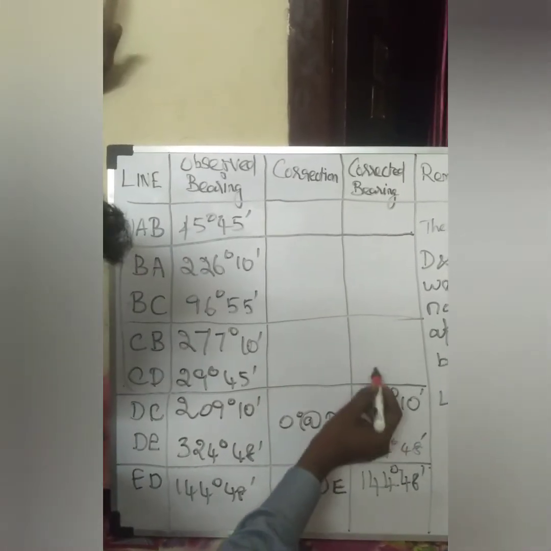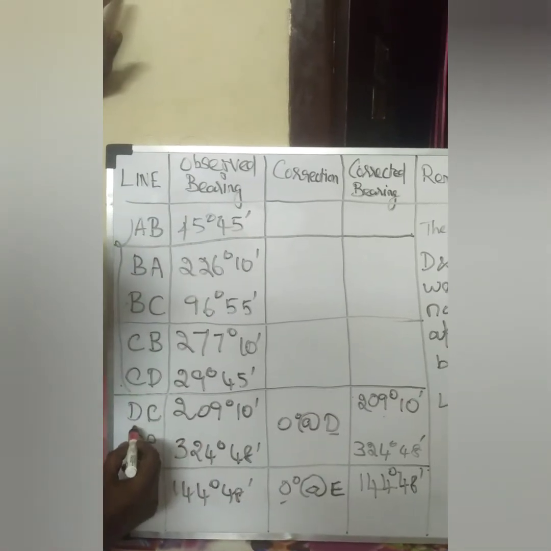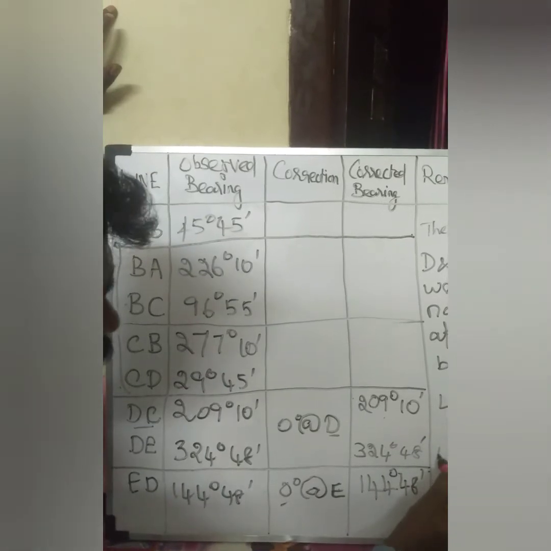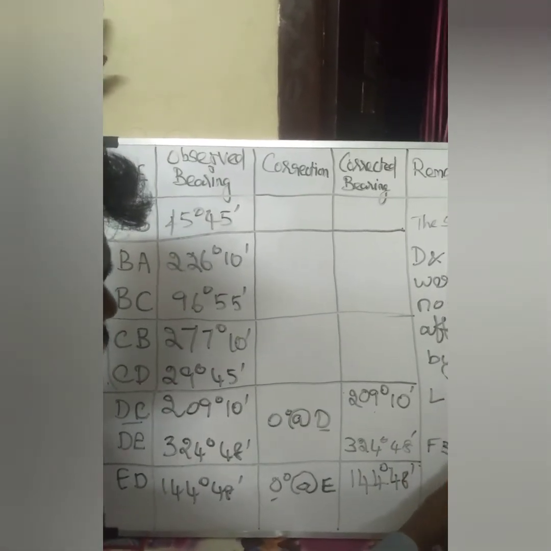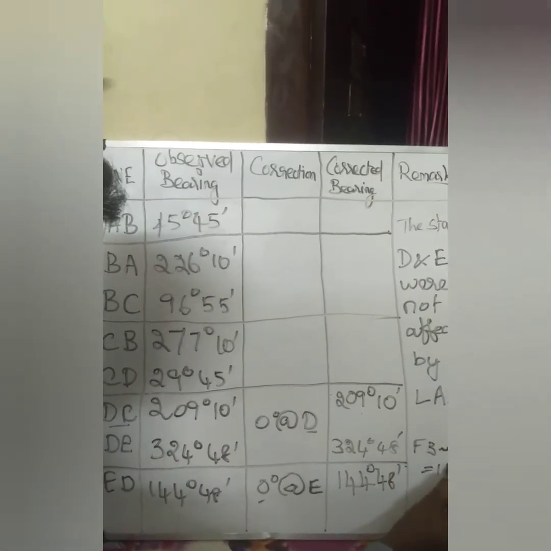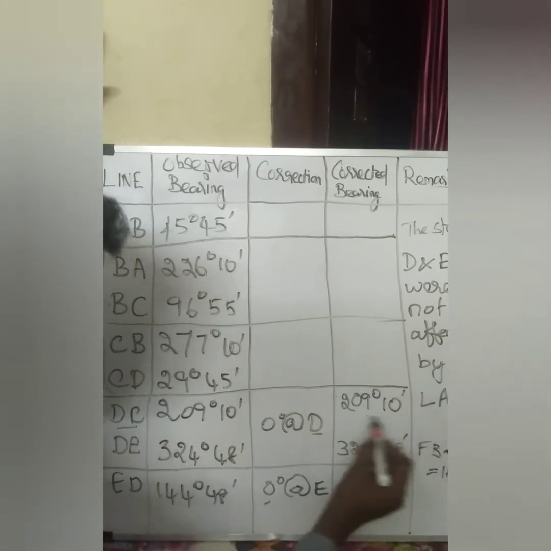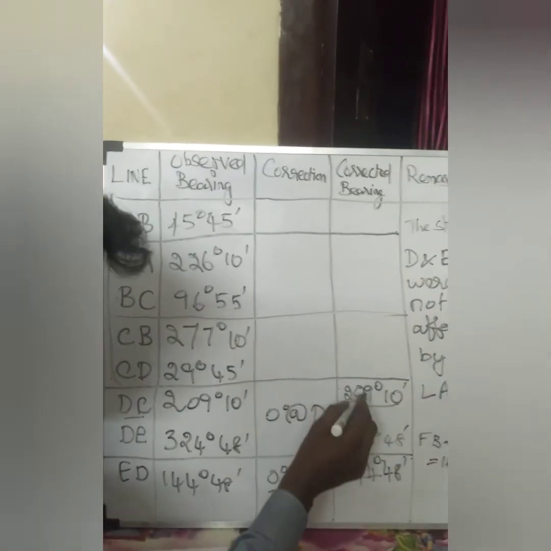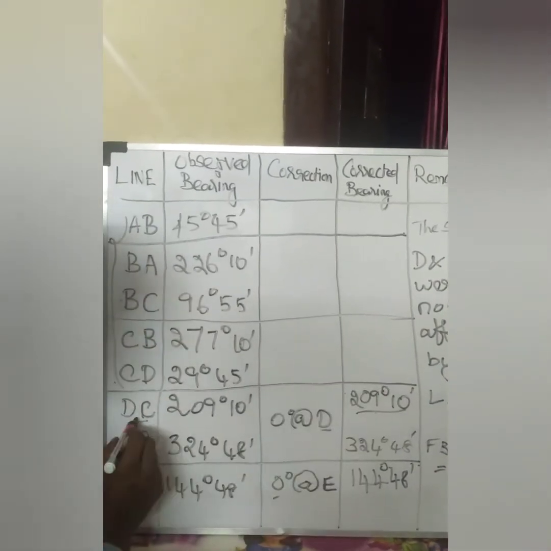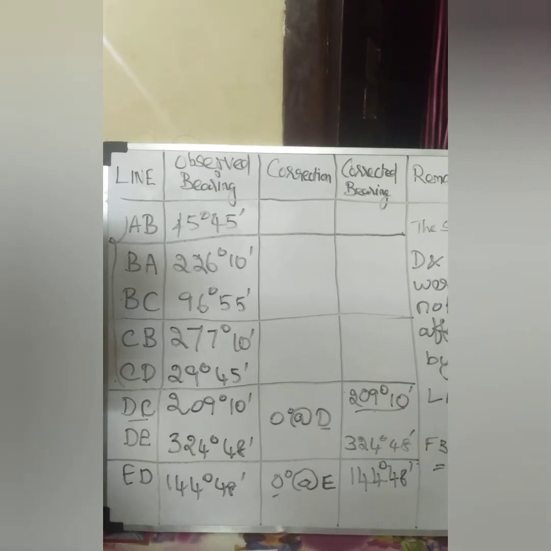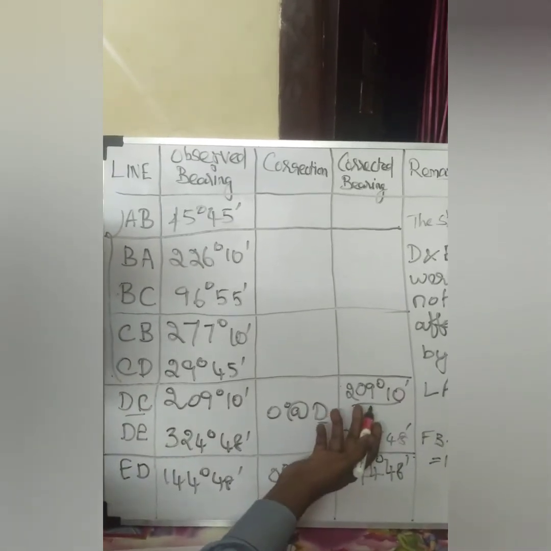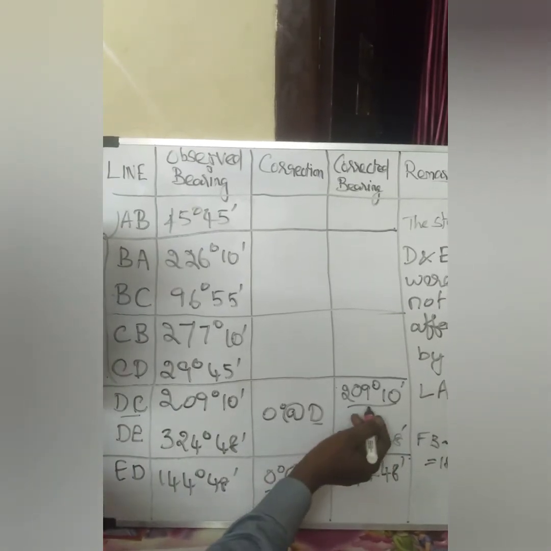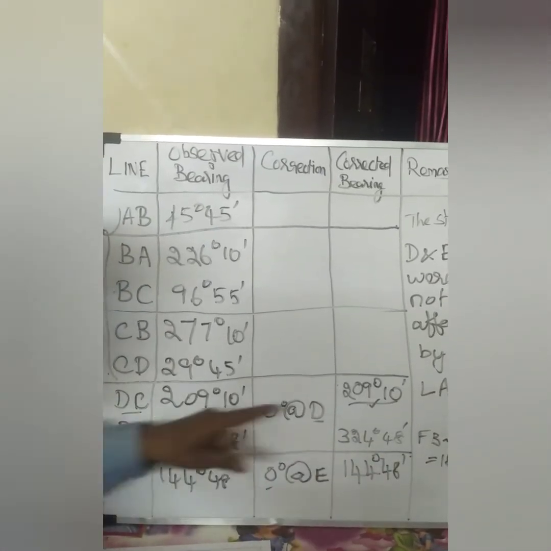So this is the back bearing of line CD. Already we know the difference between forebearing and back bearing is 180 degree. So 209 degree 10 minutes is the corrected value. What is the corrected value of CD? We can add or subtract 180 degree from the corrected bearing.